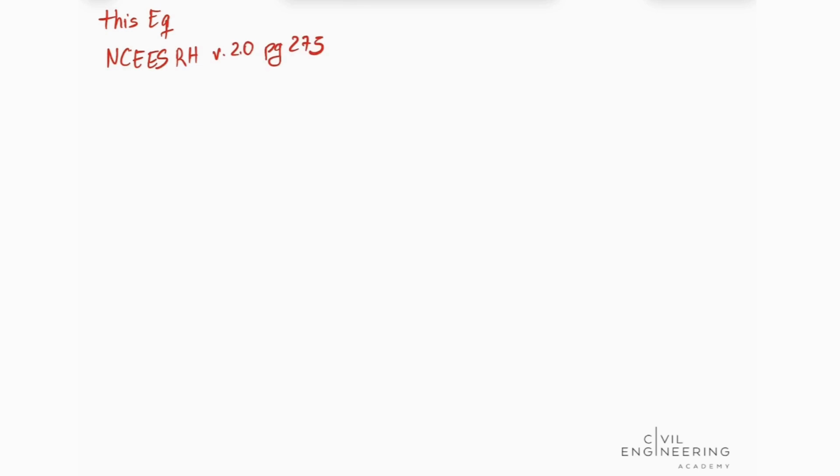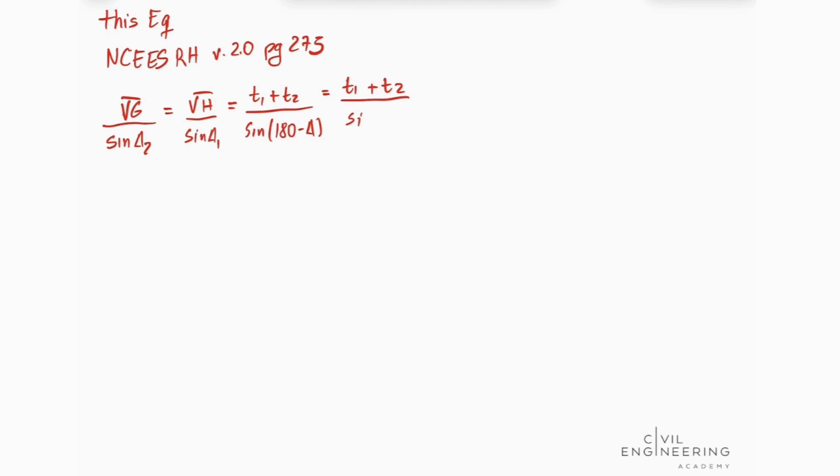We're going to see that the segment VG divided by the sine of delta 2 is equal to the segment VH divided by sine delta 1, and this is equal to T1 plus T2 divided by sine of 180 minus delta, and this is equal to T1 plus T2 divided by sine delta. So let's go ahead and input these values.